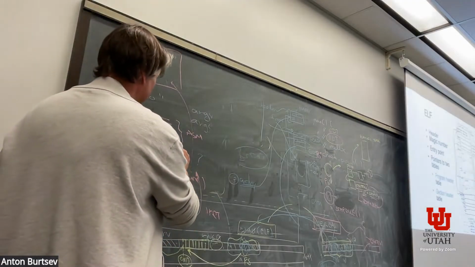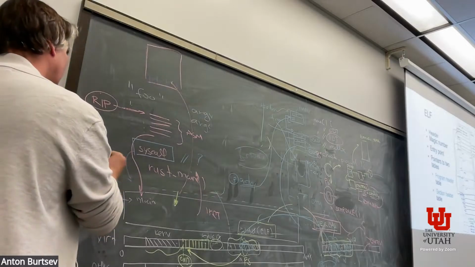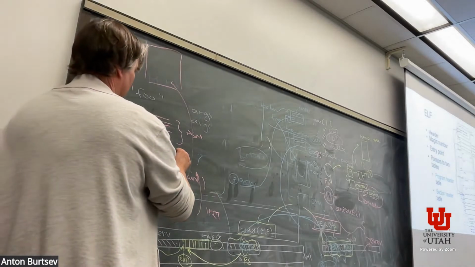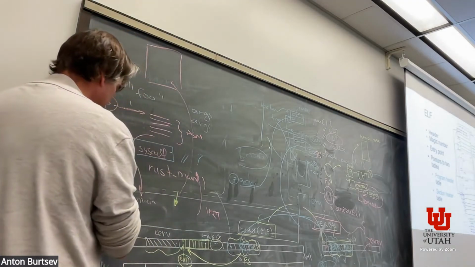They are kind of like interrupts in the way that they switch you from privilege level 3 to 0. But on the other hand, you should think of them as function invocations across this secure boundary.